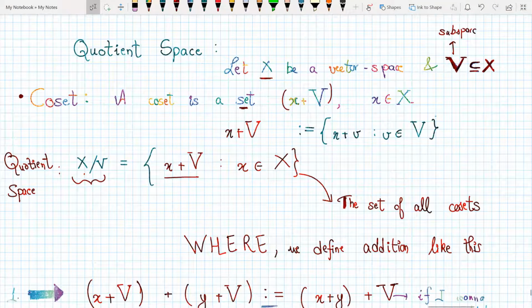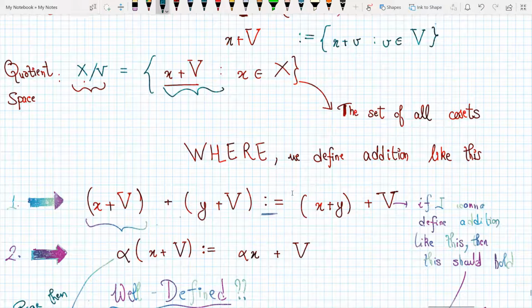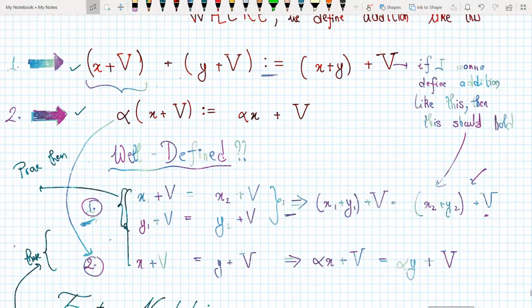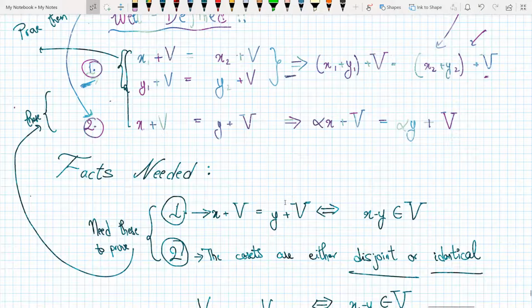In quotient space, we have a set of cosets. It's the set of all cosets, defined such that x quotient V is equal to x plus this set capital V, and we define addition in this way, we define scalar multiplication in this way, and in order to check whether these two operations are well defined, we need to prove these equations, and we would need this particular identity.